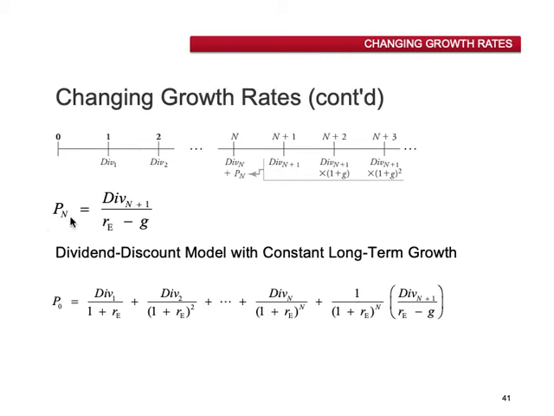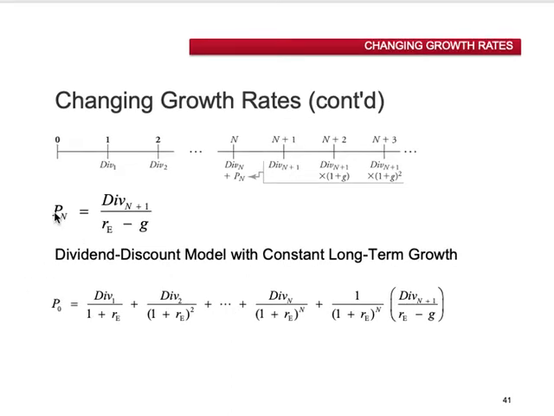So Pn is capturing the present value of all dividend payments of n+1 and beyond. Pn is also called the terminal value at this point in time.